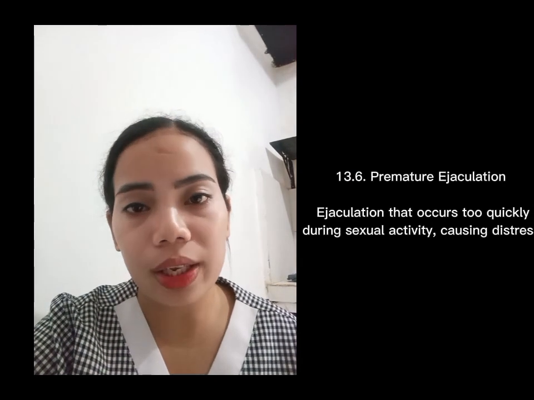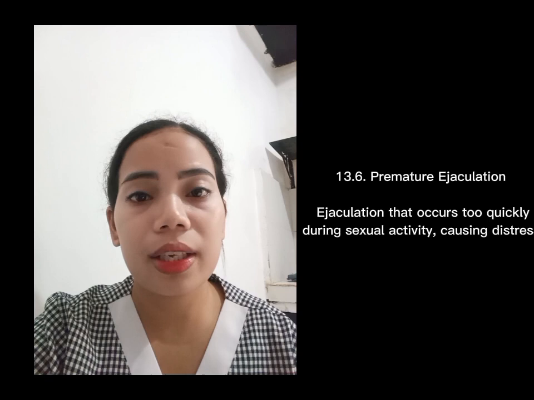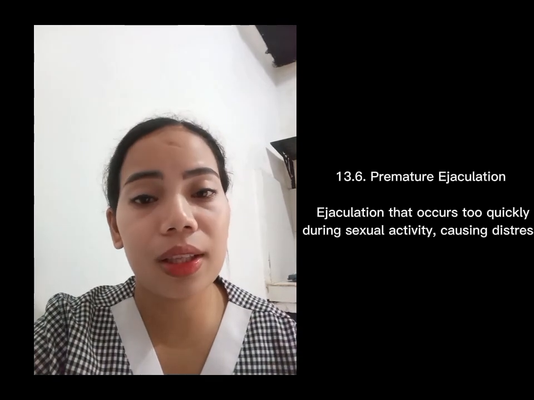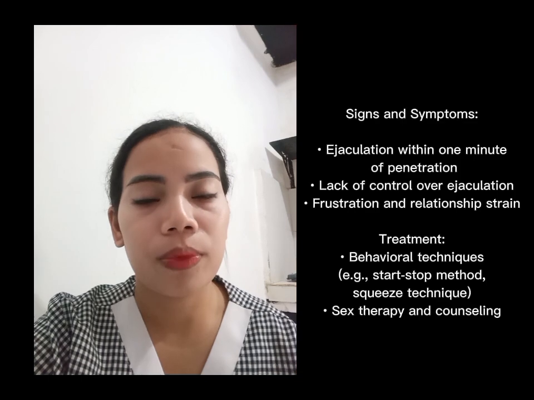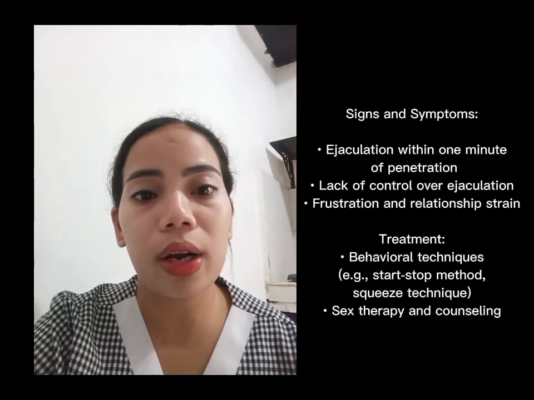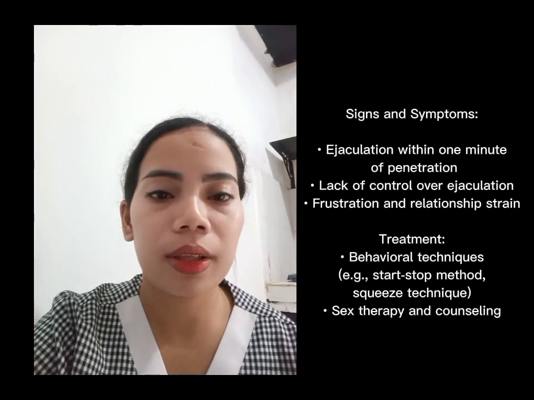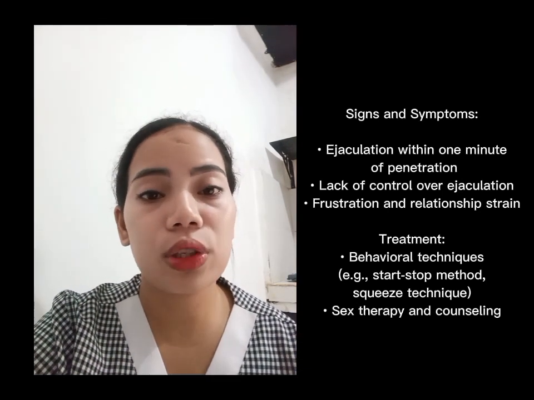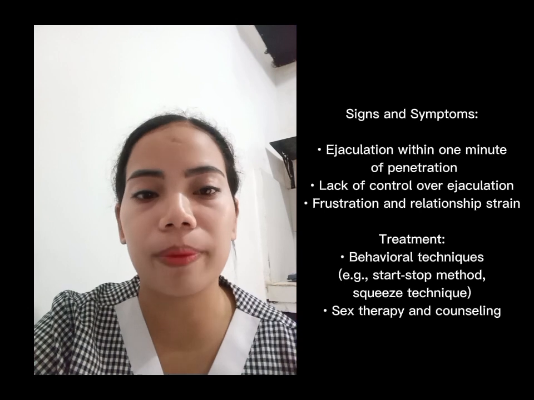Premature ejaculation, which occurs too quickly during sexual activity and causes distress. For the signs and symptoms, ejaculation within 1 minute of penetration, lack of control over ejaculation, and frustration and relationship strain.